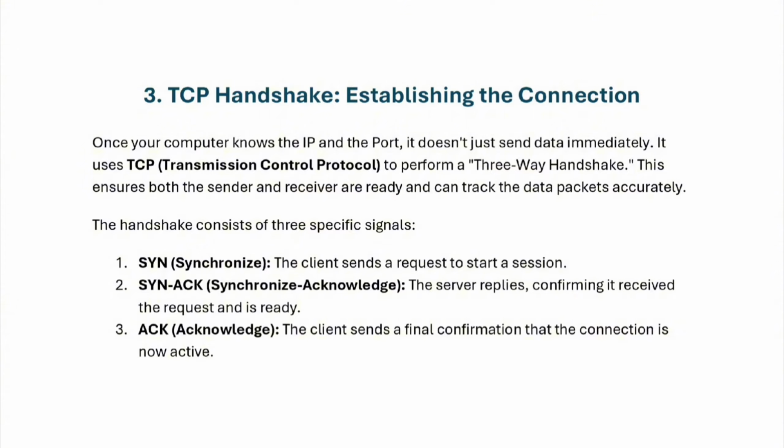This ensures both the sender and receiver are ready and can track the data packets accurately. Only knowing the IP and port doesn't mean you would directly land on the page. There must be a secure connection between the receiver and the sender, which is known as the TCP handshake or three-way handshake. The handshake consists of three specific signals.